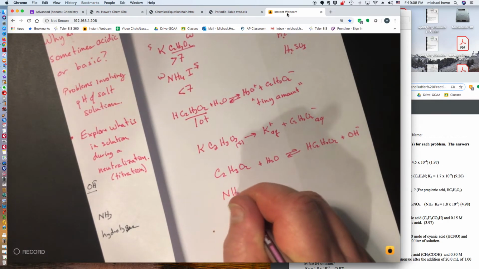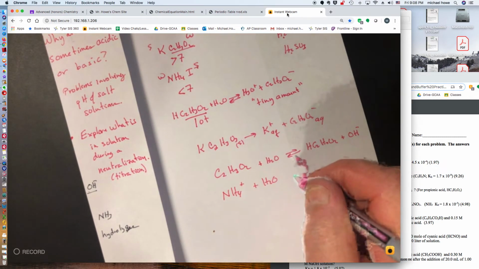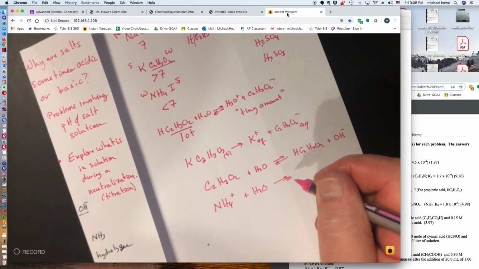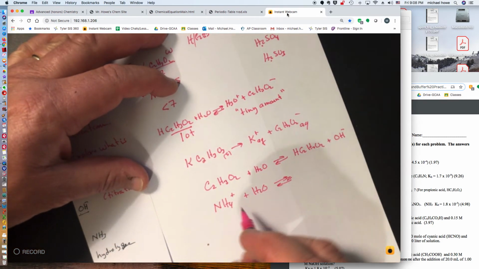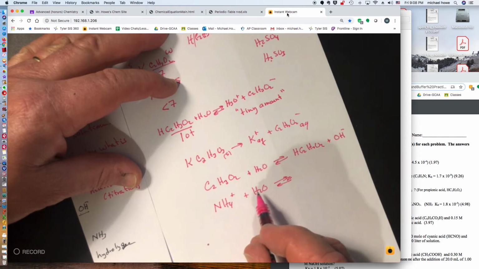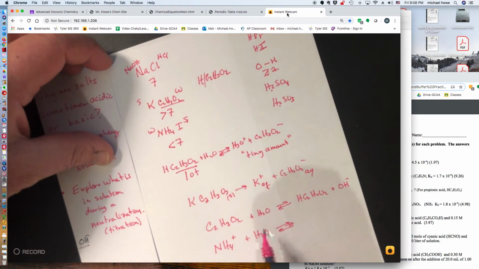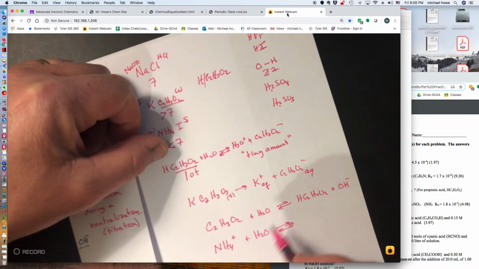So if I have ammonium ion, and I add water to it, what happens is the ammonium can't gain a proton, it has to lose one. So it's going to lose it back to this water, because ammonium didn't want to gain it in the first place, because ammonium comes from a weak base.